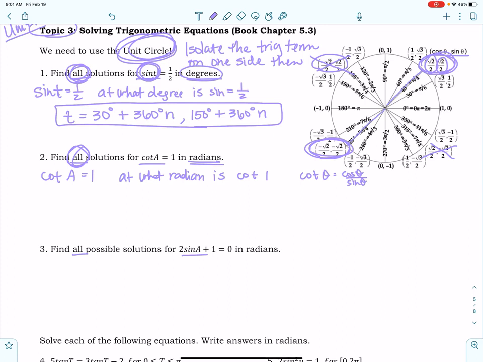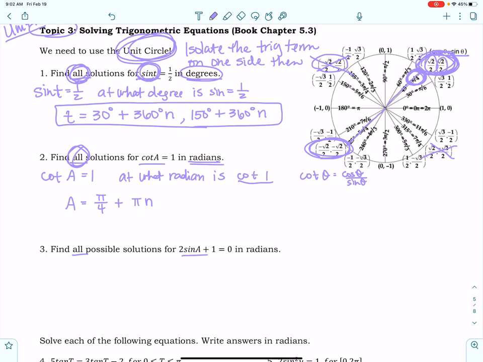So technically, for cotangent and tangent, since their period is only 180 degrees, as we learned in the last unit, we only have to rotate 180 degrees to get to the next value. So A here is going to be equal to pi over 4 plus pi n. Now, I want you to see why. Cotangent is 1 right here, and that's at pi over 4.